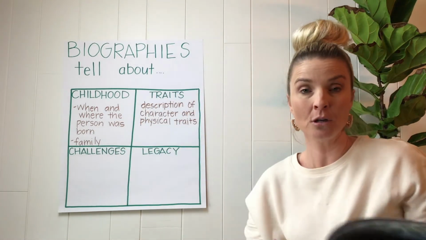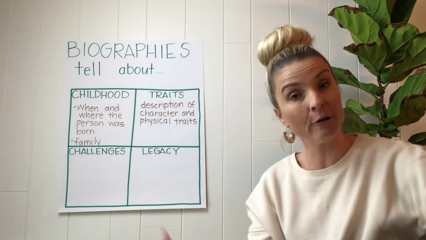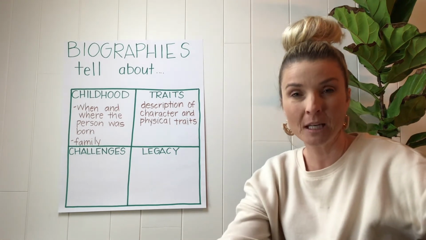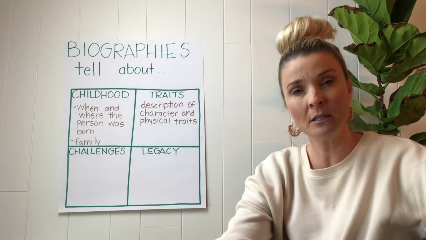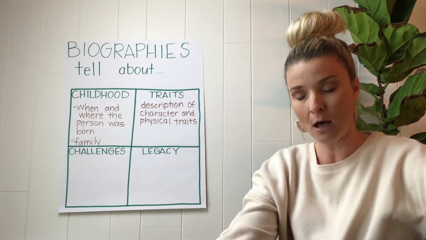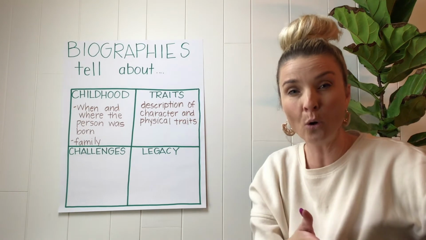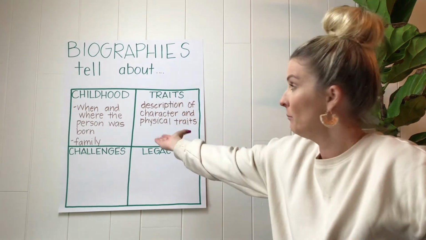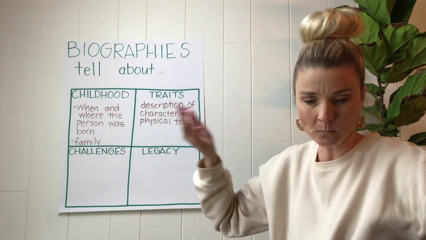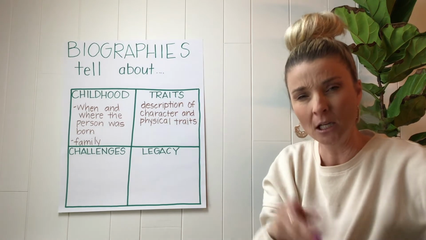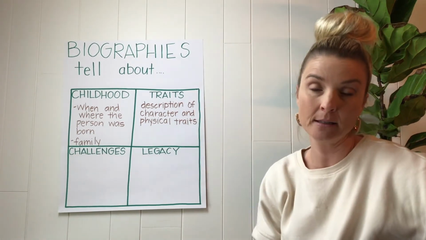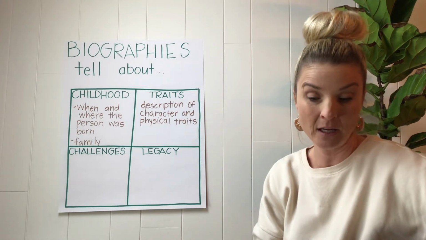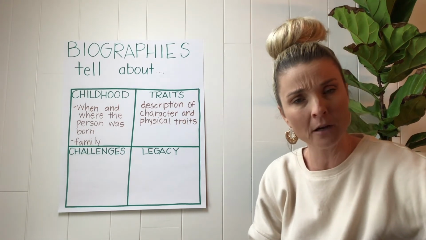Now it's your turn to think about which biography you want to read today. Get in your comfy spot with your book. And as you're reading today, I want you to dive deep into asking yourself, what has the author told me about my person's childhood? What has the author written so I can think deeply about the character traits of this person that I am reading about in this biography?